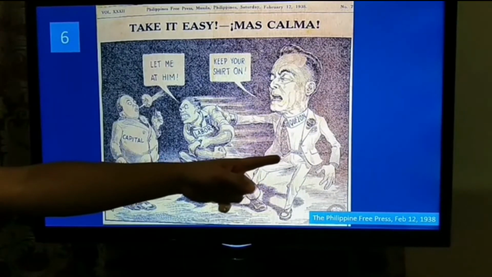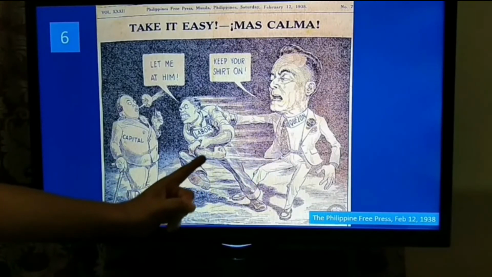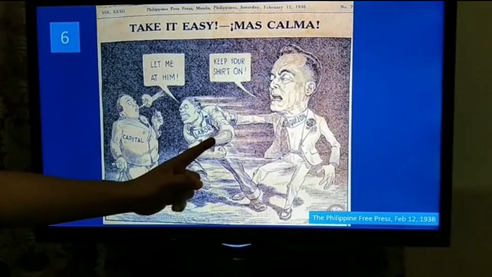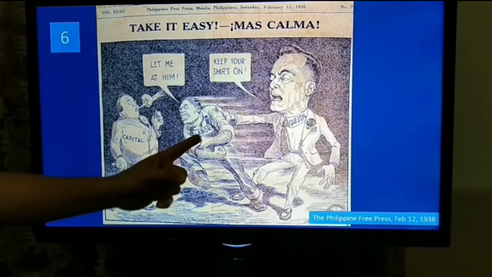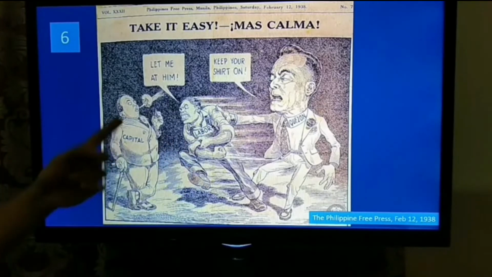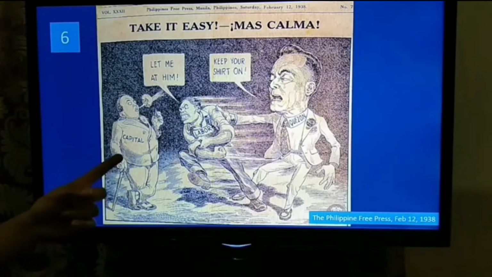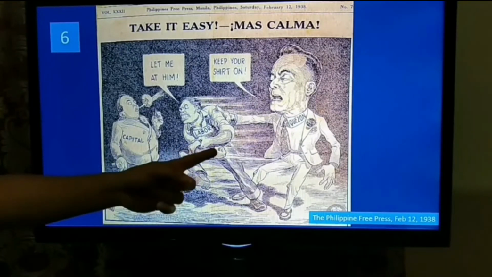Okay, what is he doing? He's trying to prevent somebody from attacking somebody. The guy in the middle has a tag, labor. And then this guy who is smoking and very relaxed says here, capital. So this is the capitalist and this is the laborer.